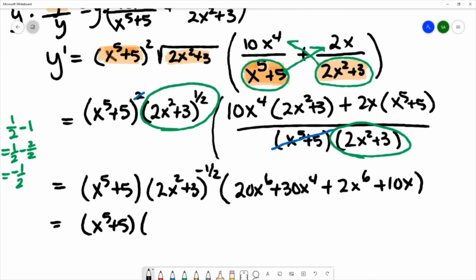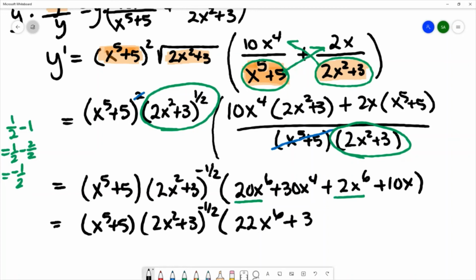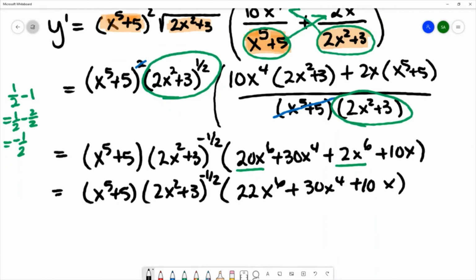I'm copying this down and I have some like terms I can combine. Got 20x to the 6th combining with 2x to the 6th to get 22x to the 6th plus 30x to the 4th plus 10x. Within that factor, we do have a common factor.